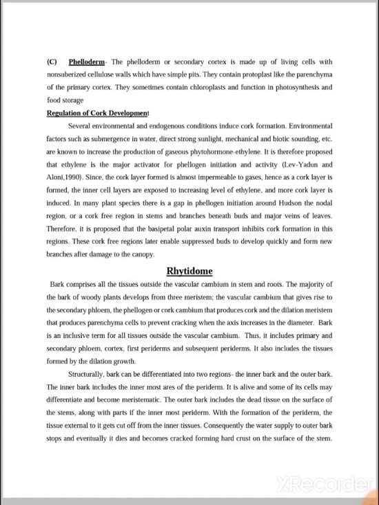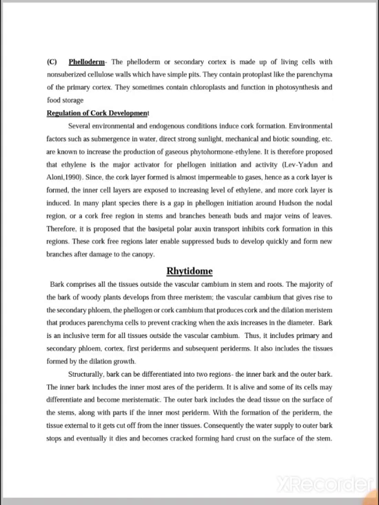Bark is an inclusive term for all tissues outside the vascular cambium. Thus, it includes primary and secondary phloem and cortex. It also includes the tissue formed by the dilation growth.